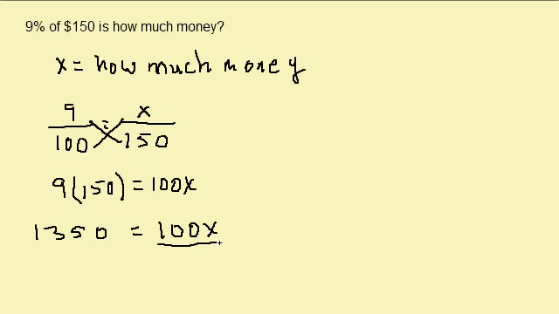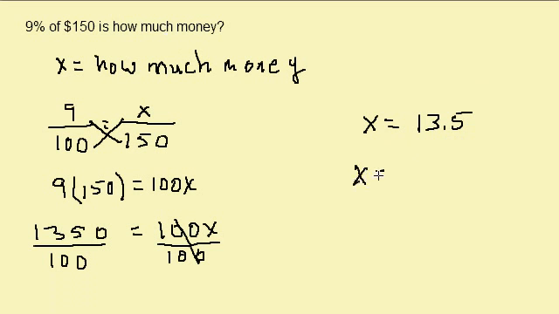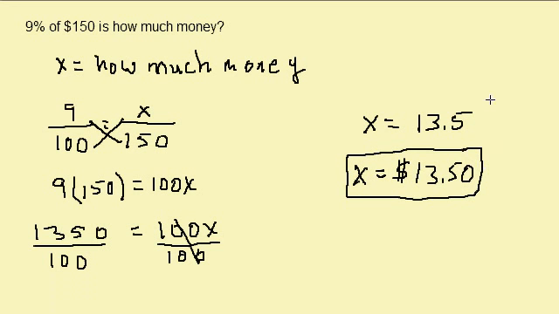And then I'm going to divide through by 100, and so that gives me x equals, see the 100s cancel out, and then 1350 divided by 100, that's going to give us 13.5. Okay? And since we're talking about money, x is equal to $13.50, and there's our answer.